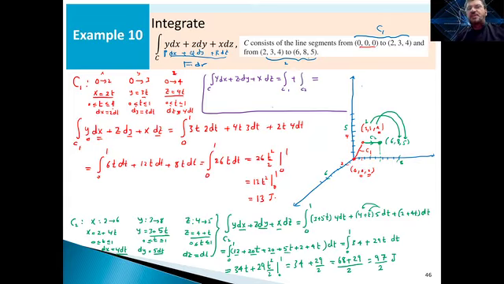And the integration along C1, we got 13 joules, plus the integration of this one is 97 over 2. Multiply 13 by 2, you get 26, plus 97, divided by 2, which is equal to 7 and 6 is 13. This is 123 over 2. That's the answer, guys. Joules. This is how much it takes to move the object along these two paths, the red one and then the green one.